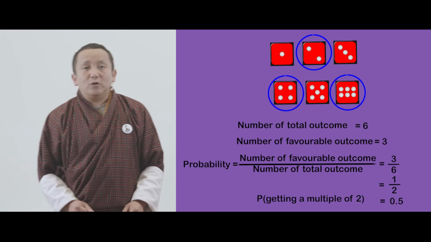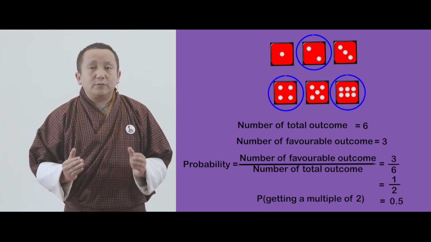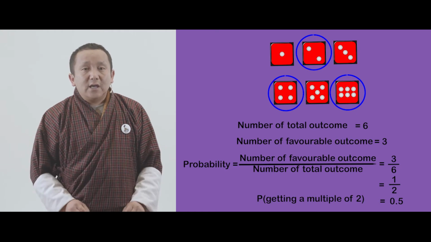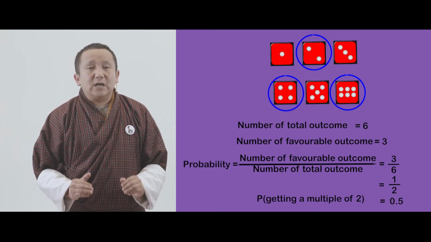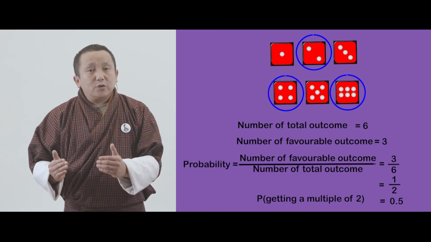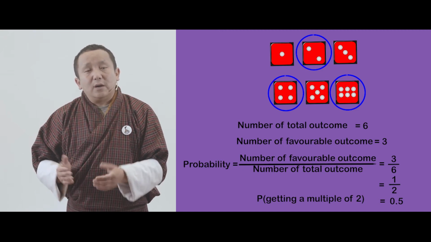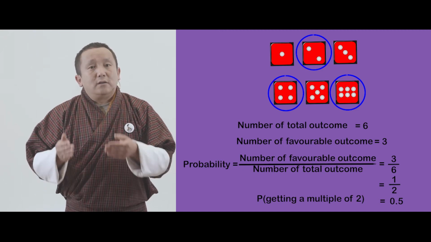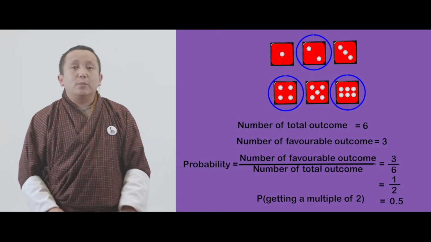So therefore, the theoretical probability of getting a multiple of 2 from rolling a die is 1 over 2 or 0.5. So this is how we determine the theoretical probability by, first of all, doing a mathematical analysis by listing down the number of total outcomes, the number of favorable outcomes, and then determining the theoretical probability.